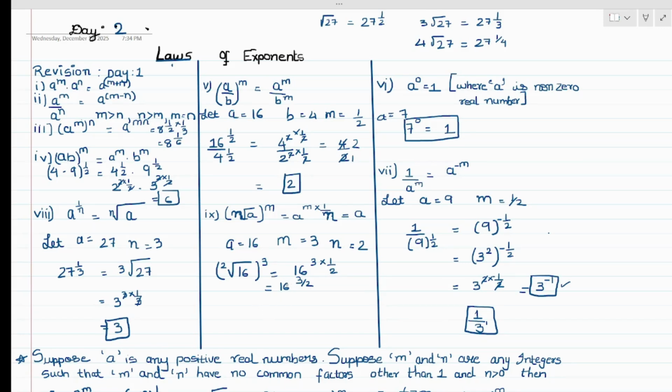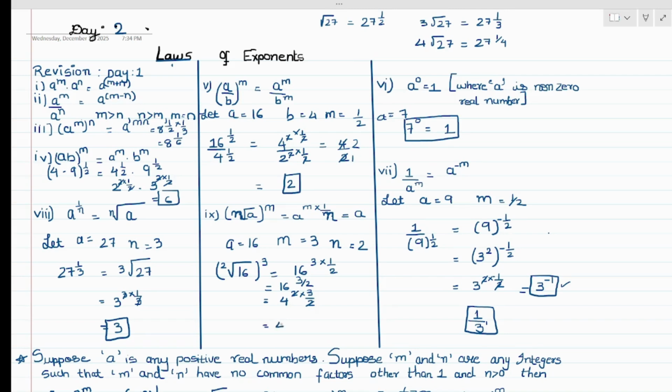For simplification, what is my 16? My 16 is the perfect square of 4. So can I write it as 4 square? Yes, I can. As soon as I change my 16, it gets converted to 4 square, and my power stays 3 by 2. This 2 gets cancelled.